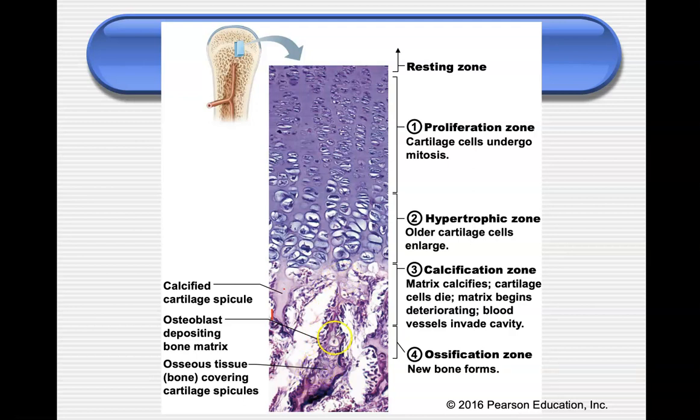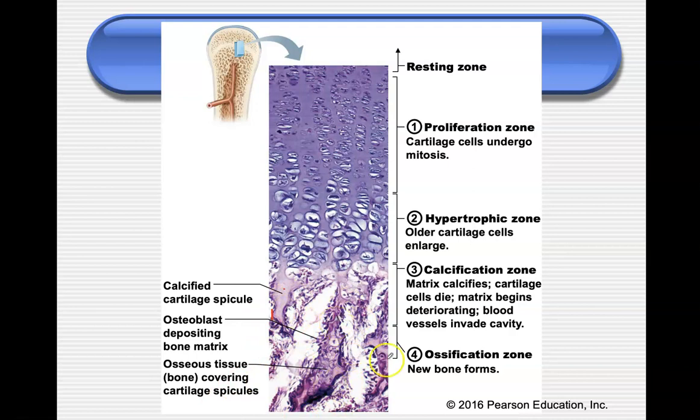osteoblasts down here, again close to the diaphyseal side, are going to start to deposit bone matrix, okay? And so, again, now you're at that border of the calcification zone, where some of that cartilaginous matrix has deteriorated or died off, and blood vessels have invaded.